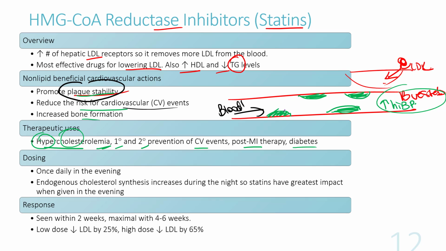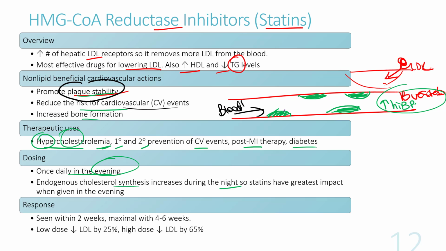In terms of the dosing, it's usually given once in the evening, and it's given in the evening because cholesterol synthesis occurs at night. Right? So again, you can give it in the morning, but it's not going to have as much impact compared to giving it in the evening, when it basically can decrease the synthesis of cholesterol, which happens at night.